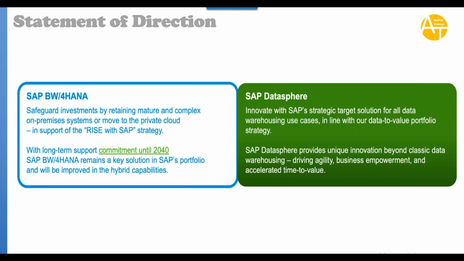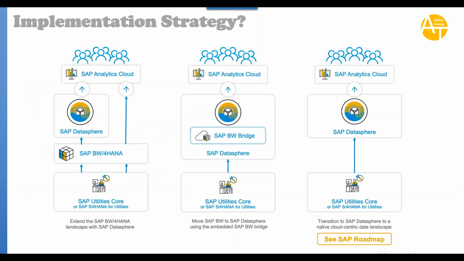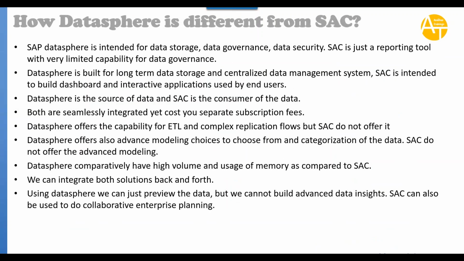We also discussed the statement of direction, which overcomes the confusion related to BW and DataSphere. Would BW be replaced by DataSphere in the longer run? We also discussed the implementation strategy, the different concepts related to SAP DataSphere capabilities, and the difference between DataSphere and Analytics Cloud.